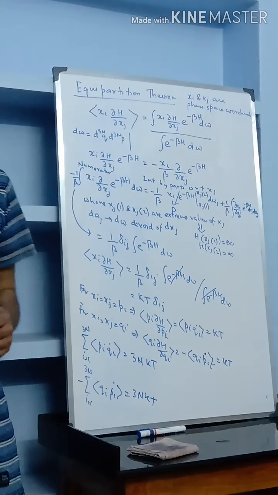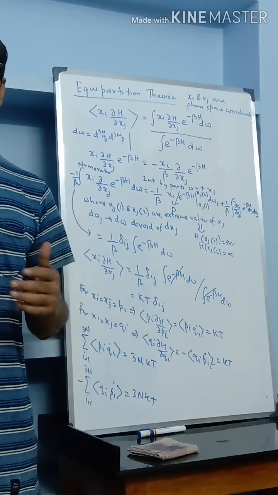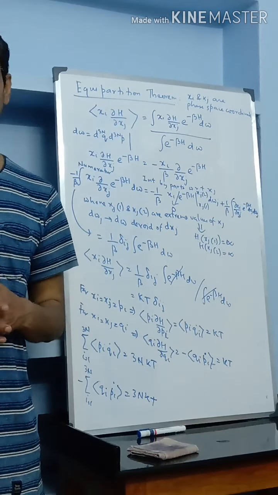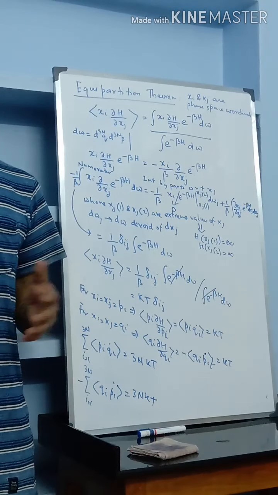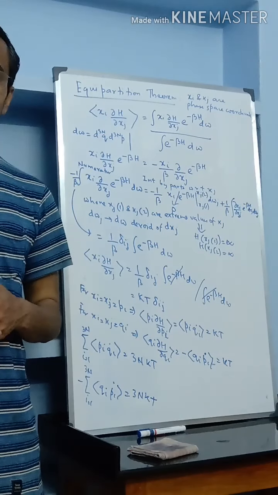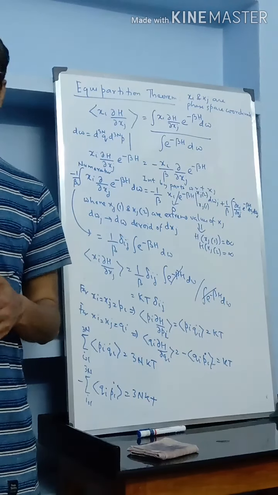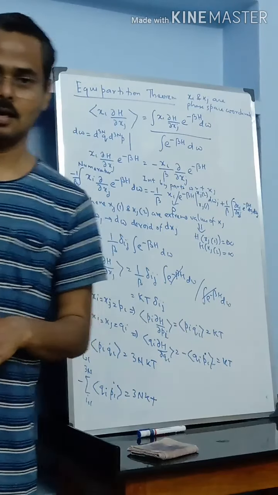Now we can always take a Hamiltonian and a suitably or canonically transformed Hamiltonian in terms of new coordinates, such that the Hamiltonian is quadratic in both the coordinates of the phase space. One is the generalized coordinate and the other is the generalized momentum. Let us do that.